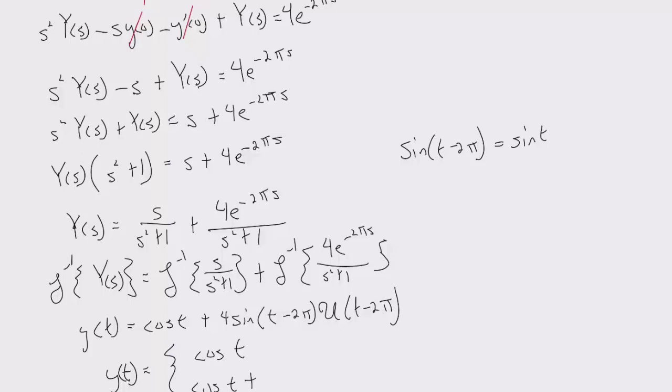Cosine t plus 4 sine t. And so that would translate into t being greater than 2 pi, which means it's got to be cosine t when we're going from 0 less than or equal to t less than 2 pi.